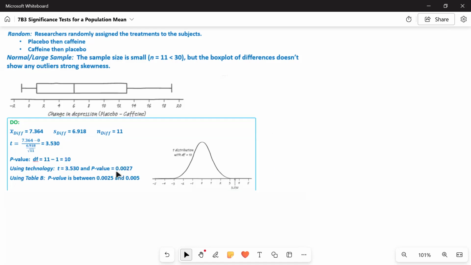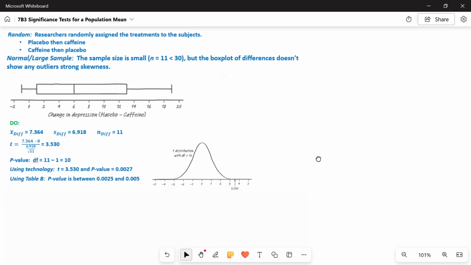According to technology, that's going to be 0.0027. And if you use a table of p-values, if you go down to 10 degrees of freedom and look for 3.53, again, it's not going to show up exactly, but 3.53 is going to be between the two t-values that correspond to a p-value of 0.0025 and 0.005.